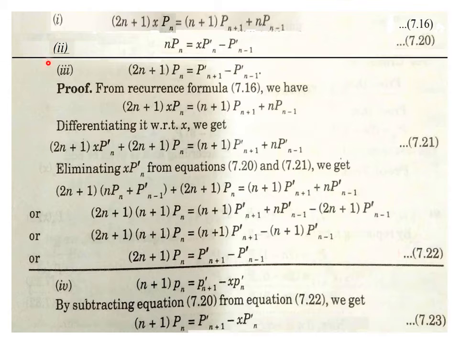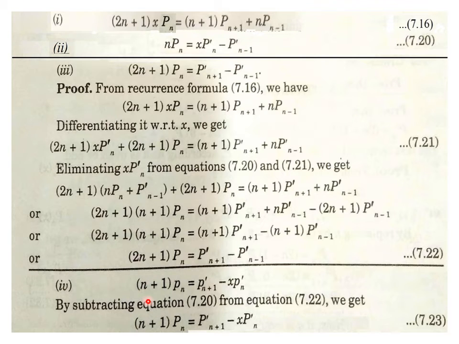Equation 7.22 means the third recurrence relation. You have to keep in mind, at least for this lecture, that 7.22 means the third recurrence relation, 7.20 means the second, and 7.16 is the first. These numbers come from the previous lecture, and here, in continuation of 7.20, we have 7.21 and 7.22. So this completes the derivation of the third recurrence relation.